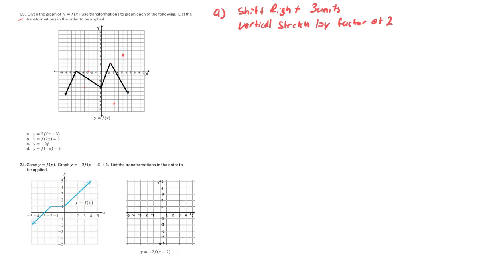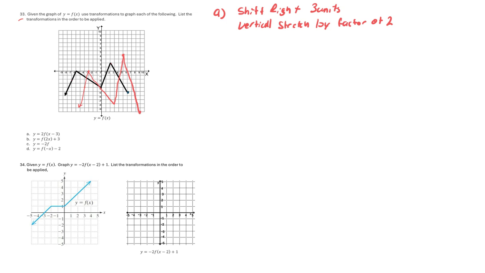And lastly, at 6, move it over 3 units, we're at -5, so we'll come all the way down to -10. And that'd be part A.